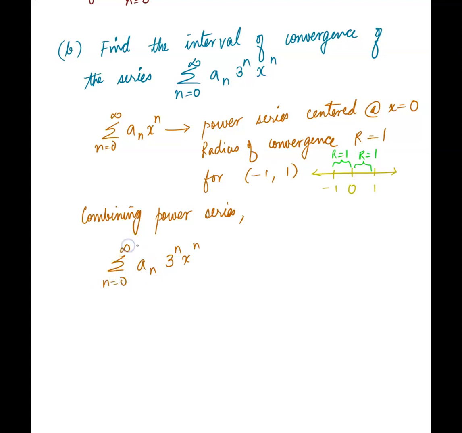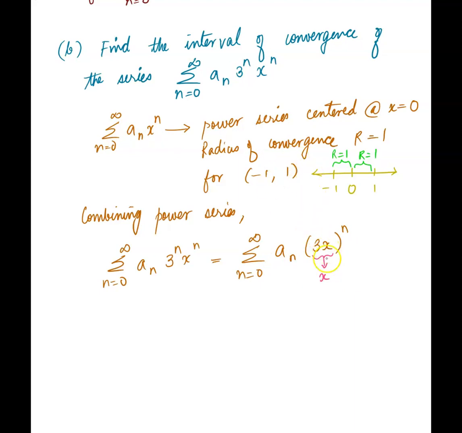Let me write it first as it is. I want to see if I can combine the 3 and the x, because they both carry the power n. So that will be the summation 0 to infinity of a n (3x)^n, right? And so this is now your new x, because that will be a n x^n, as you see above.